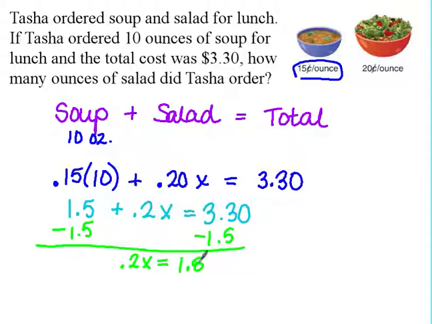Now what do I do? Divide both sides by 0.2. So what do you get 1.8 divided by 0.2 to be? Close. I just get 9. Okay? So the answer, how many ounces of salad did Tasha order? 9 ounces.